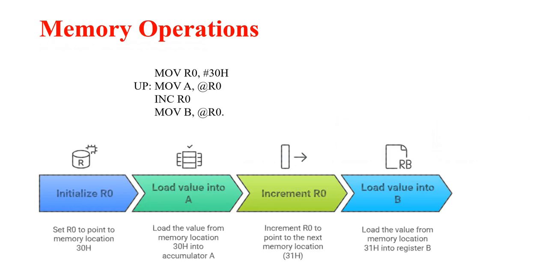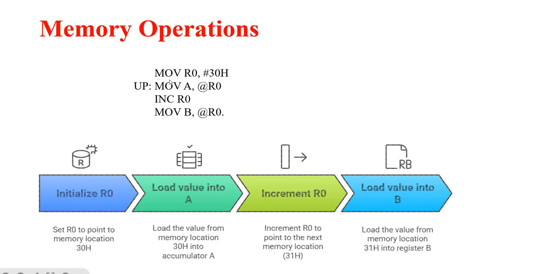Next we have the memory operations. These are the memory operations. MOV R0, #30h. Then we have UP colon MOV A, @R0, INC R0, and MOV B, @R0. So here MOV R0, #30h sets R0 to point to the memory location 30h.